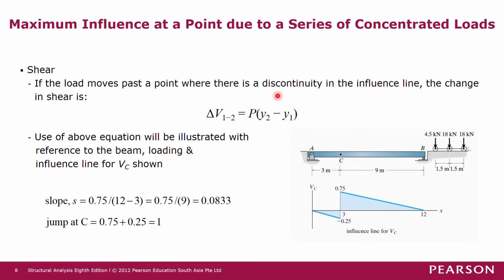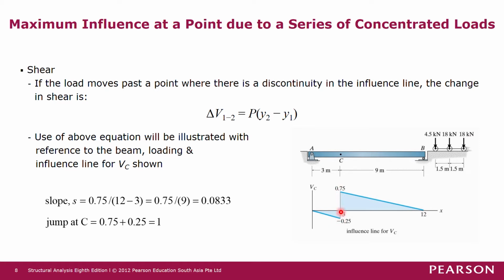In this particular shear force influence line, we have a jump here, from 0.75 to minus 0.25. So the jump here is minus 1. Whenever the force moves past this discontinuity, there's a jump of negative 1.